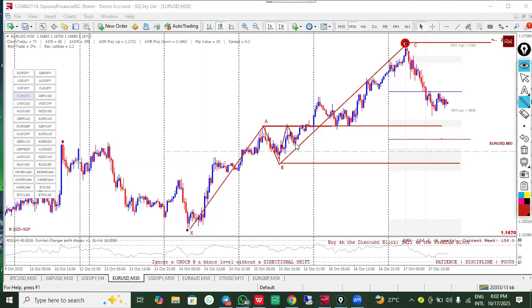After creating that trap, the market broke out that level. So a trap was created at this point. We can value this A level, and if the market returns into our A level, there is a possibility for a continuation to the upside. So I can look out for a possible buy opportunity on the 30 minutes chart around here.